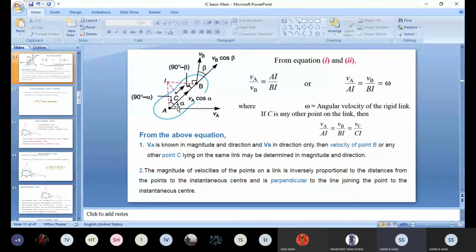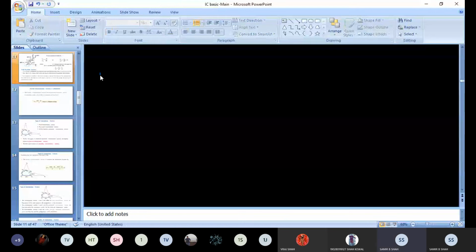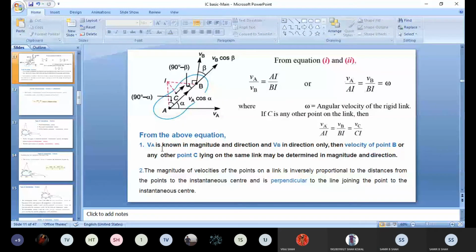From the above equation, if VA is known in magnitude and direction and VB in direction only, then the velocity of point B or any other point, consider C, lying on the same link may be determined in magnitude and direction.